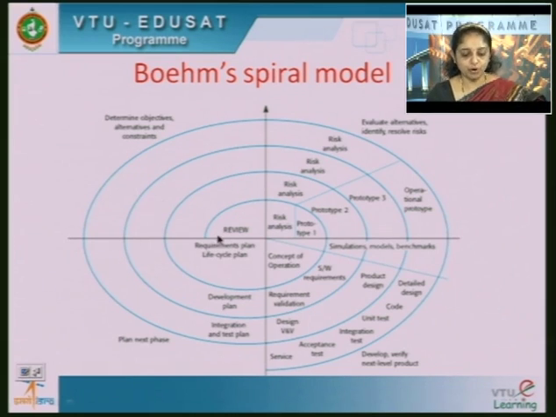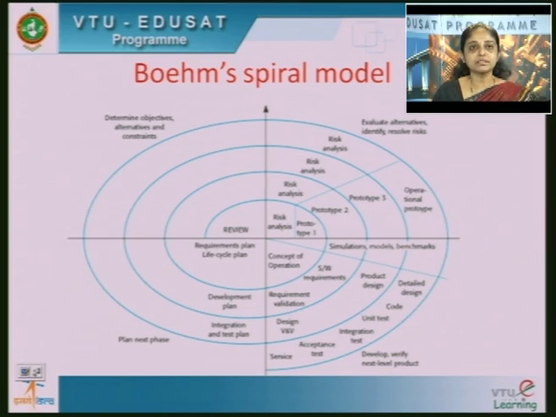Fine. Now, how do we remember this spiral model? We have to start reading the spiral model clockwise, beginning with the review. You first do a review of what the software should do, that is, determine the objectives and the constraints on the software product that I am going to develop. All that is determined here. Then at every phase we do what is called risk analysis.